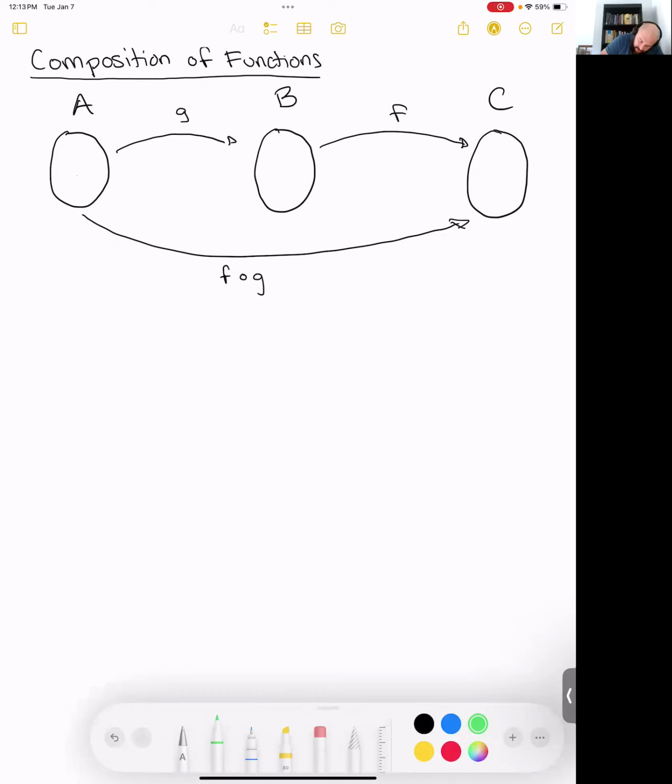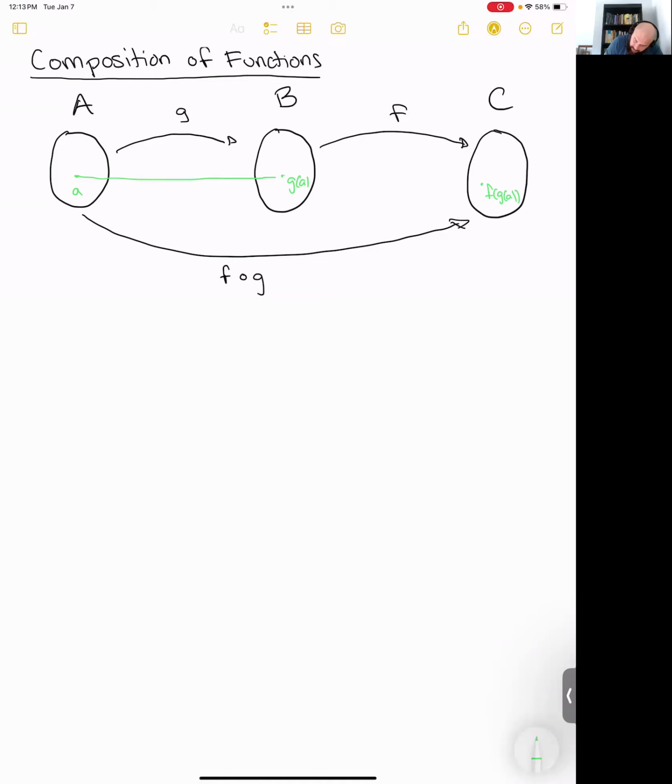And in particular, we have some a, which could be sent to some g of a, which will be sent to some f of g of a under this map. Great. So that's what we want to study now in this video.